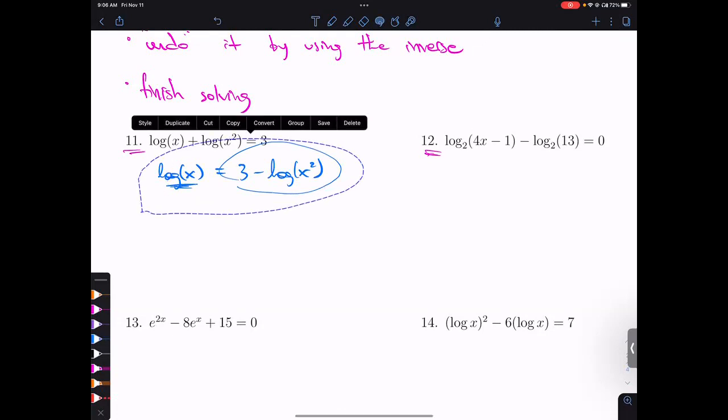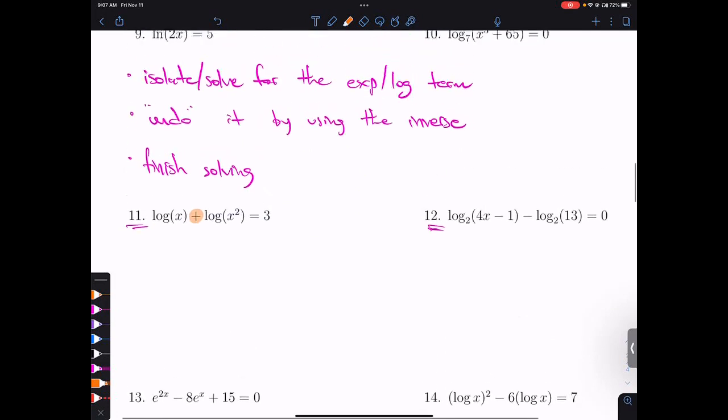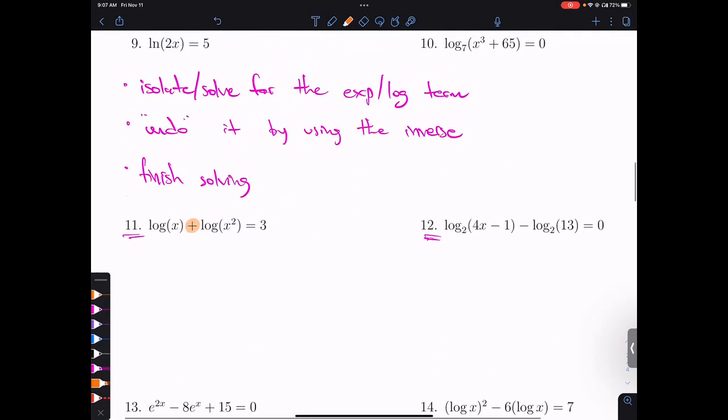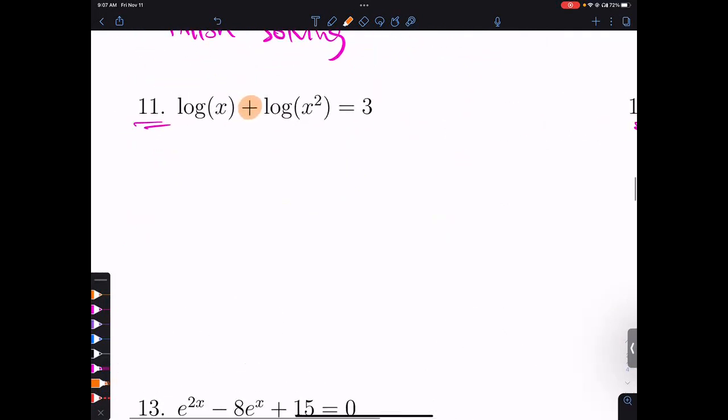So what we need to do instead is use the log properties that we developed in 6.3 on Tuesday, a few days ago anyway, to combine these, right? So what I can do with the log of x plus the log of x squared is turn that into the log of x times x squared, just using that product rule for logs.